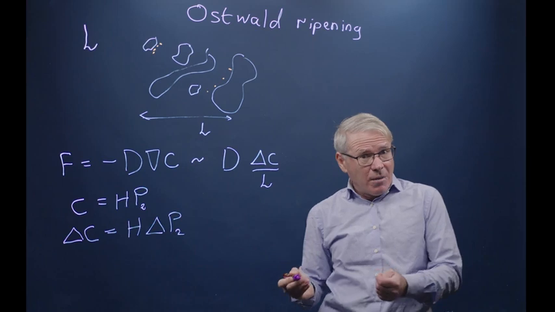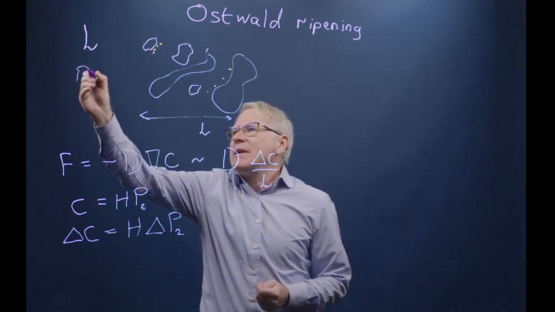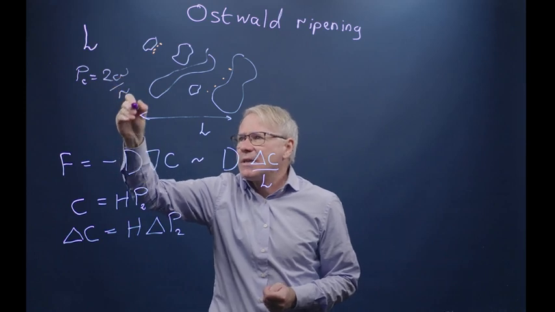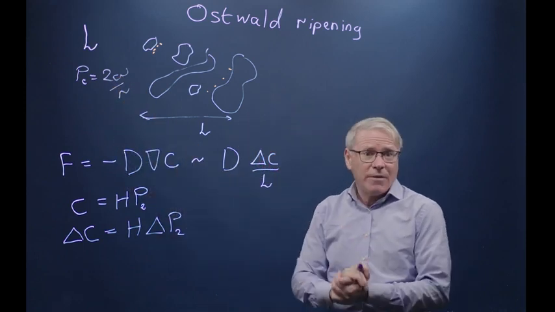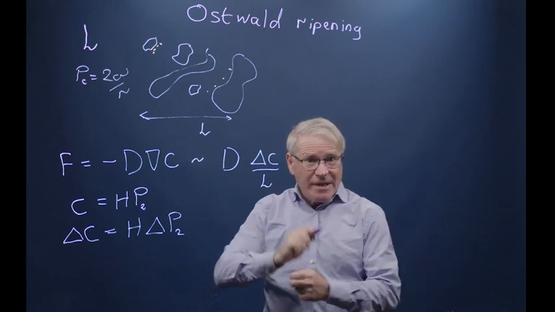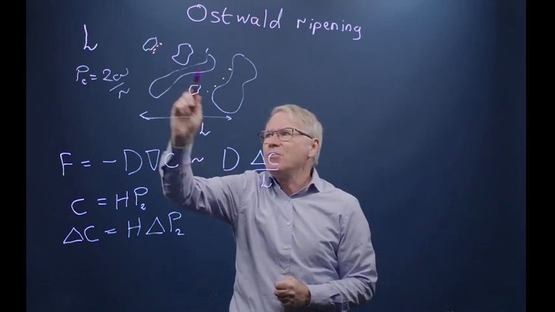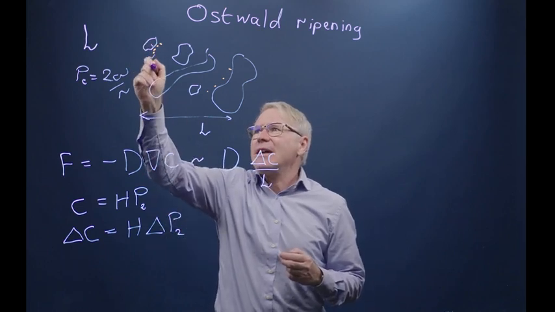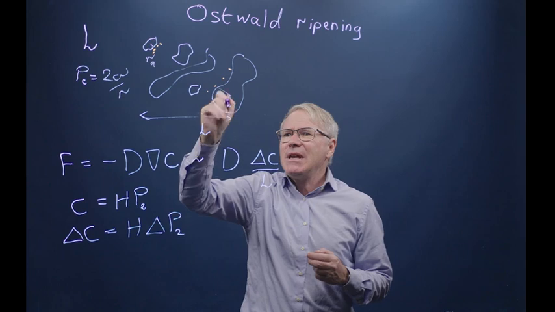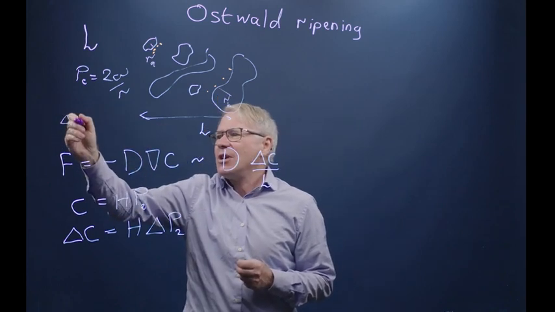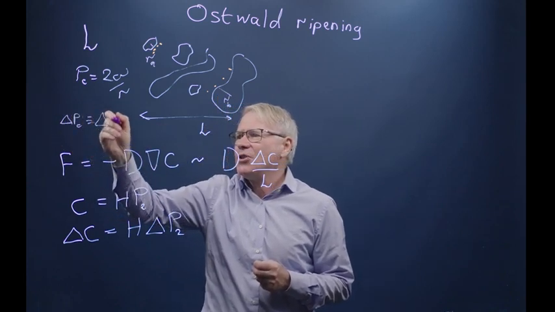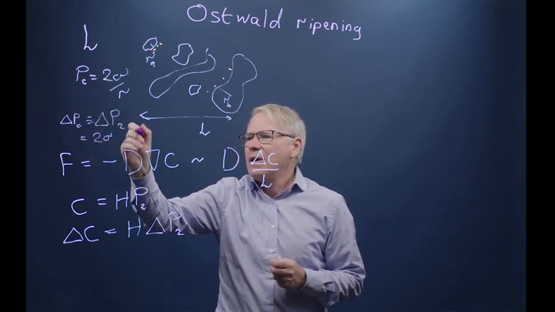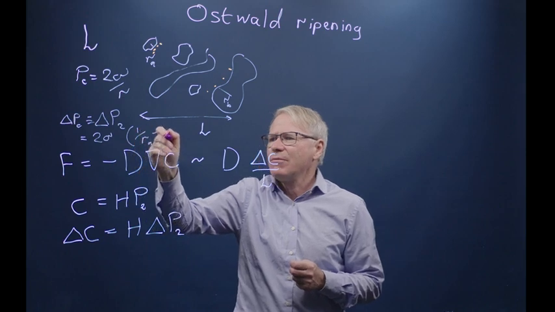Well, that's driven by capillary pressure, and we know that PC can be written as 2 sigma over R, where R is the mean curvature, or mean radius of curvature. So what's a typical difference? Well, a typical difference, say between something with radius RA and something with radius RB, would be the change in PC, which is equivalent to the change in the pressure in the gas, will be 2 sigma times 1 over RA minus 1 over RB.